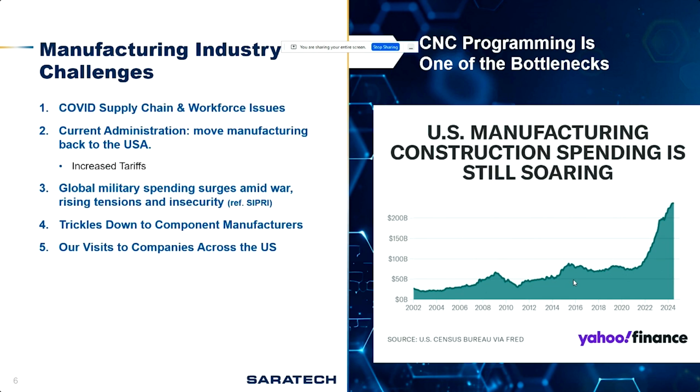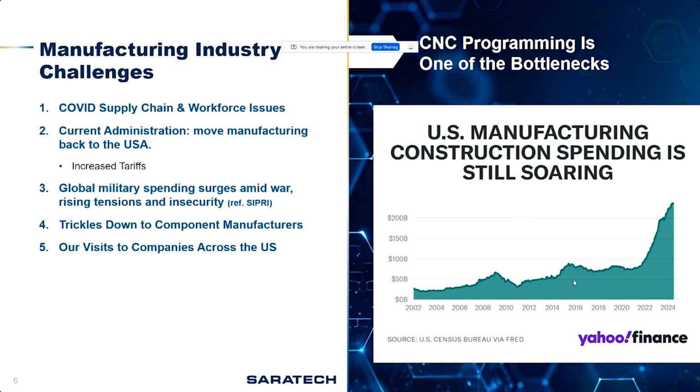And then you see the reference down below as well, that global military spending is surging amid war and rising tensions and insecurity. And I think we're all seeing that, especially in our own defense industry here. So this ultimately trickles down to the component manufacturers, and we work with literally 200 to 300 component manufacturers ourselves.